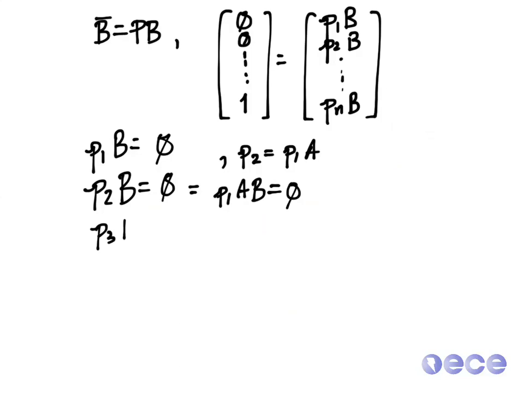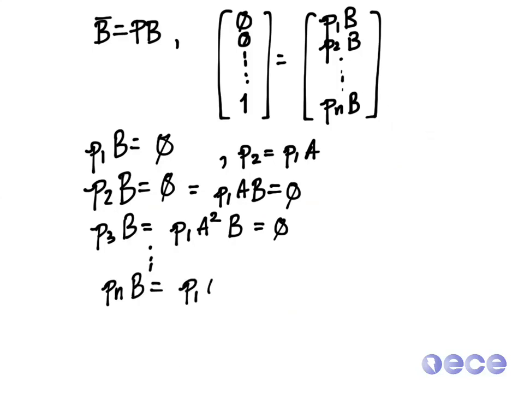P3 times B is equal to P1A squared times B, and that's equal to 0, all the way to Pn times B is equal to P1 times A to the n minus 1 times B, and that is equal to 1.